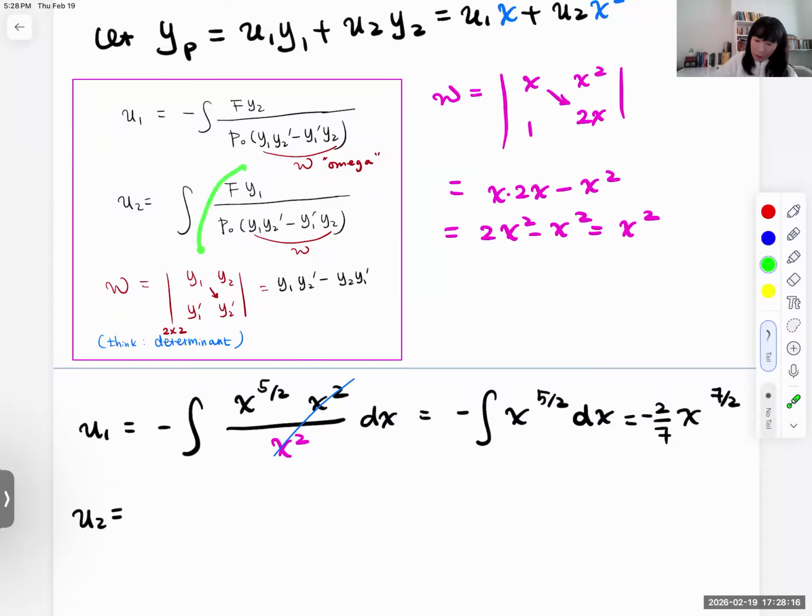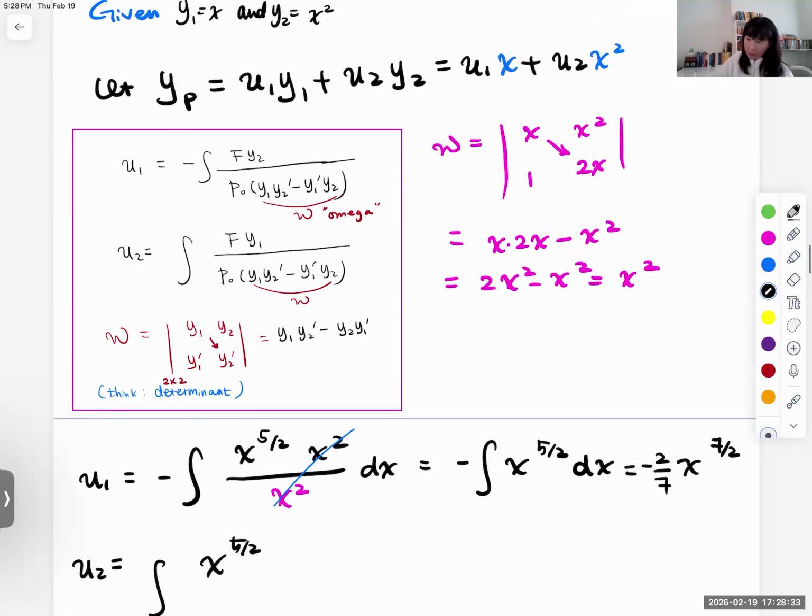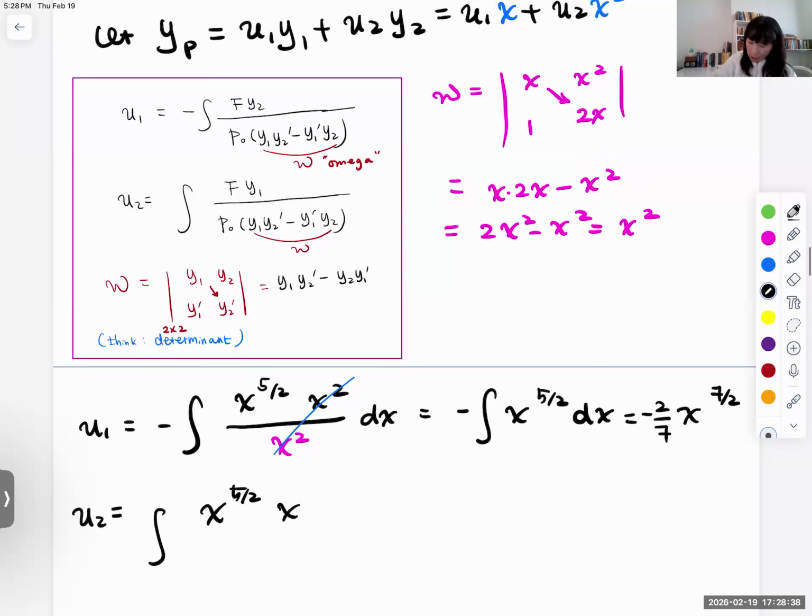So we are using f over p naught, which is the same x to the 5 over 2, right? So we will get x to the 5 over 2 power times y sub 1, which is x, right? Okay, there will be x over omega, the 2 by 2 determinant x squared. Okay, so we simplify.